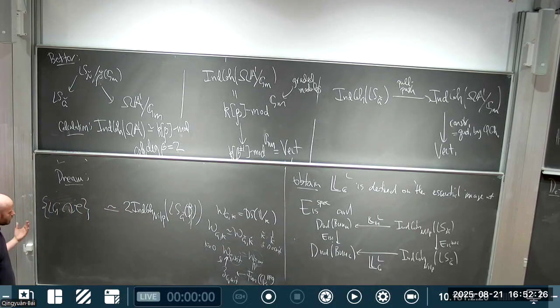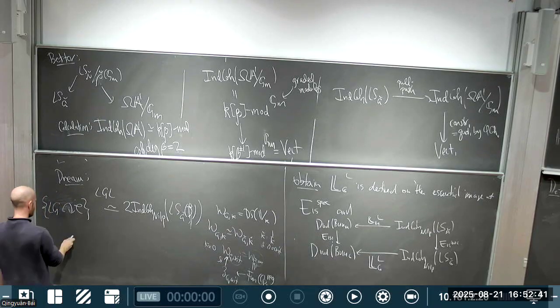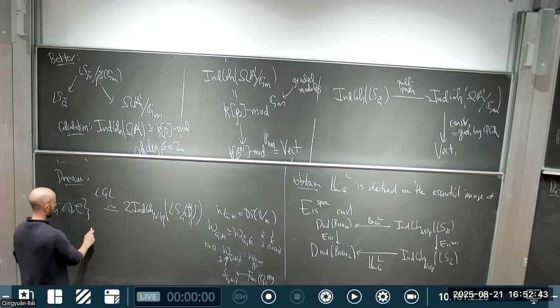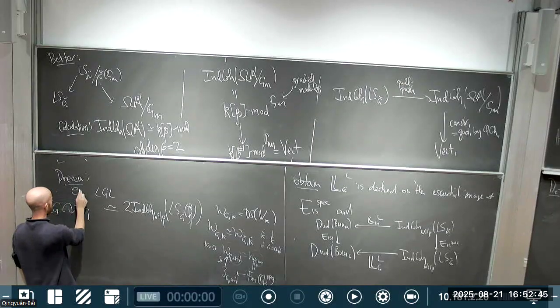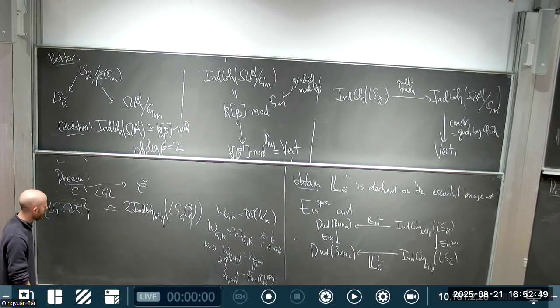A sort of working person's version of this has been announced by Kabir, David Yang, and Yasha Varshavsky. And so this is local geometric Langlands. It's kind of like some kind of category here goes to some kind of dual category over on this side.